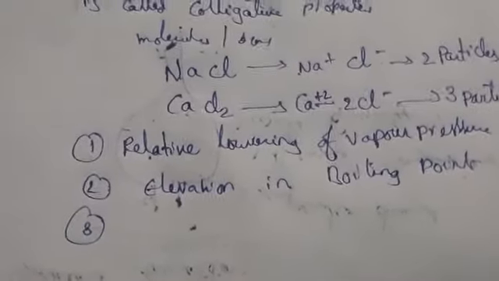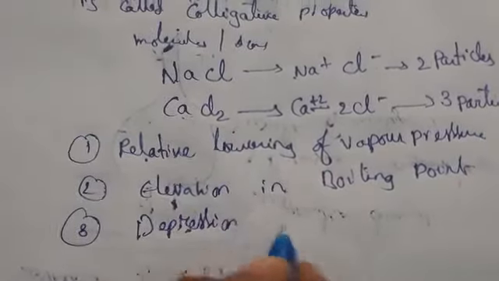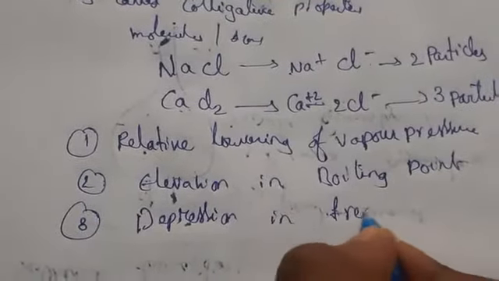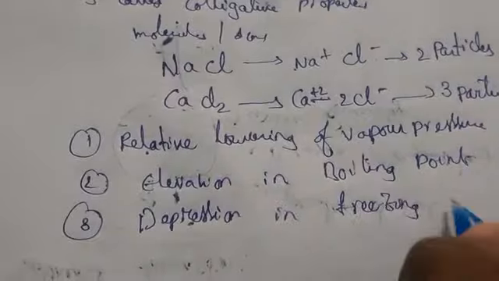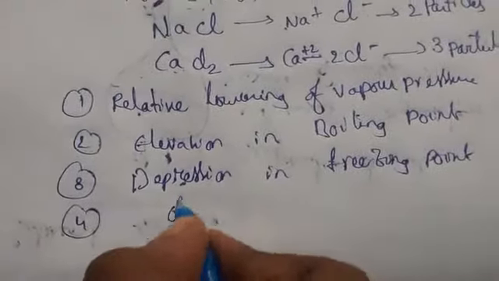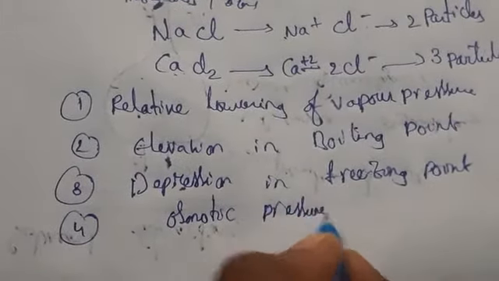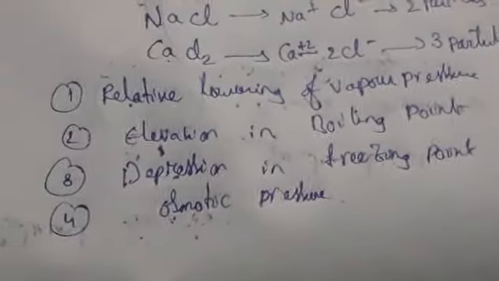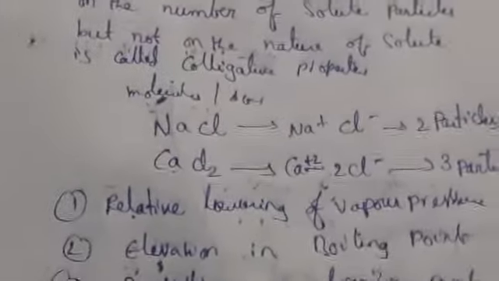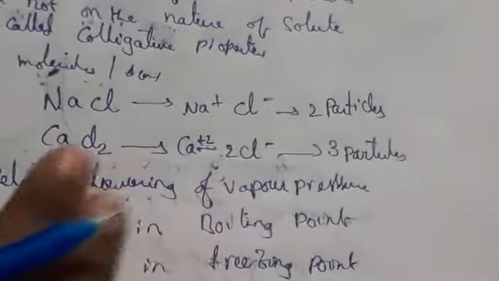Third one, depression in freezing point. Next, the last one, osmotic pressure. So these are the 4 colligative properties. The solute molecules whatever you are taking are going to affect them.